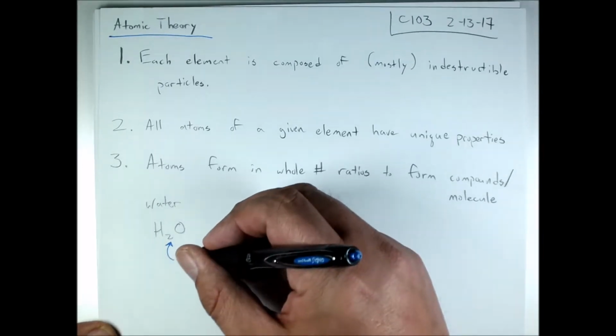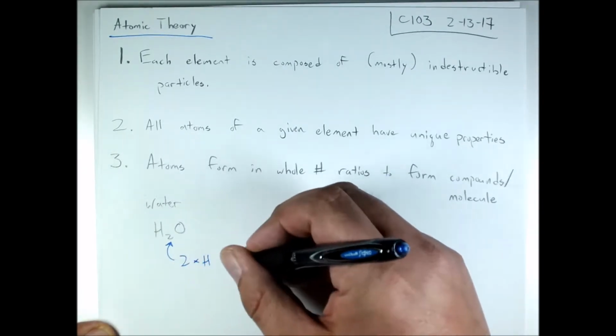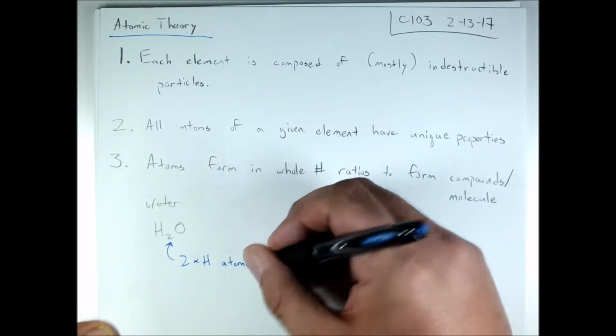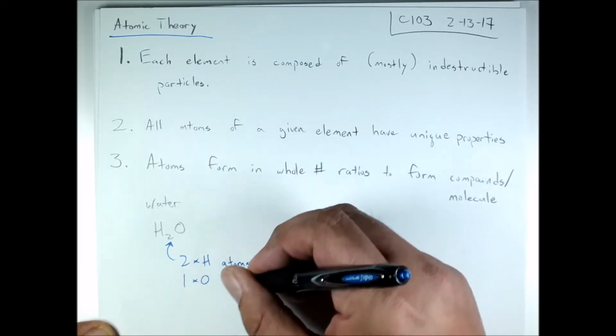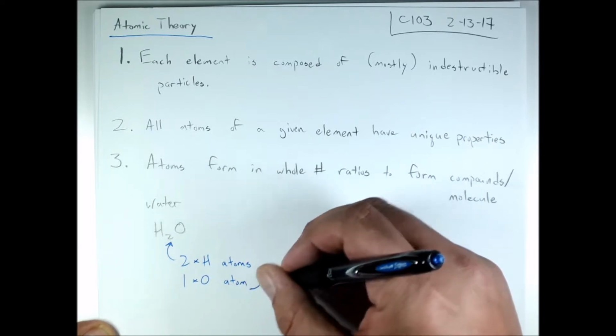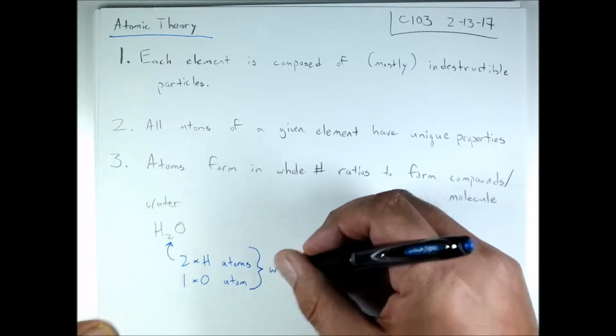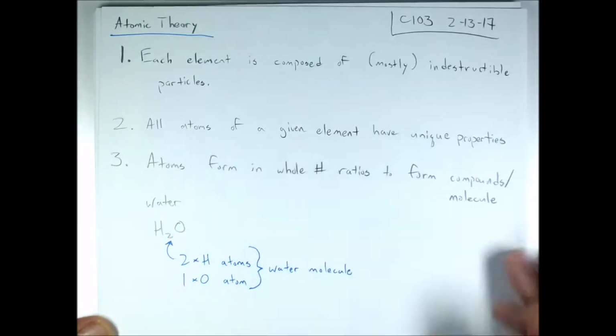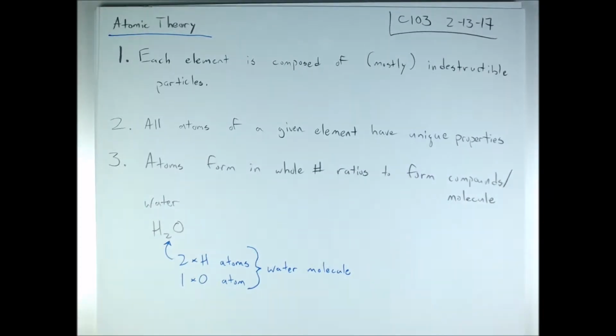So that means that we have 2 hydrogen atoms and 1 oxygen atom, and when that all combines, that is a water molecule. So we like to use the little subscripts here to denote how many there are. If there is no subscript written there, it's assumed to be 1.